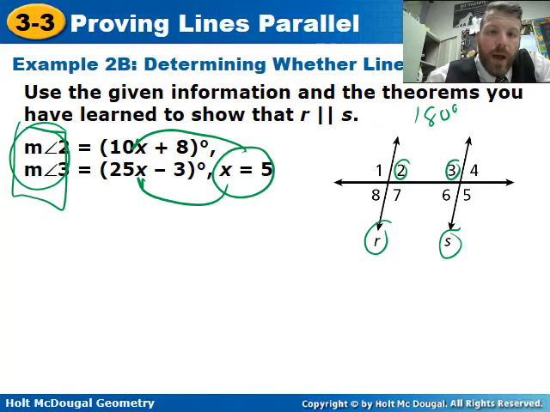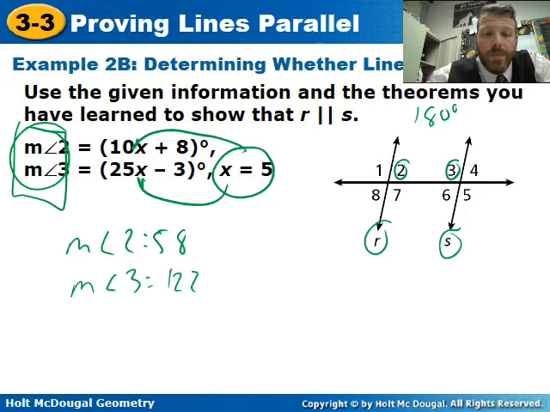Okay, so when we plug 5 into the 10x, 5 times 10 is 50 plus 8 is 58. So the measurement of angle 2 is 58. We also know that if I plug 5 in here, this is going to become 122.